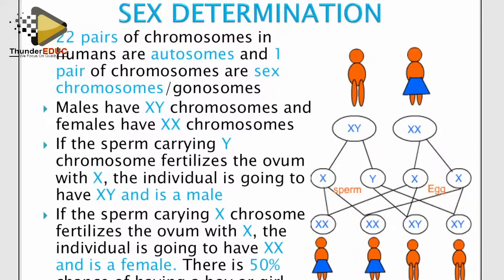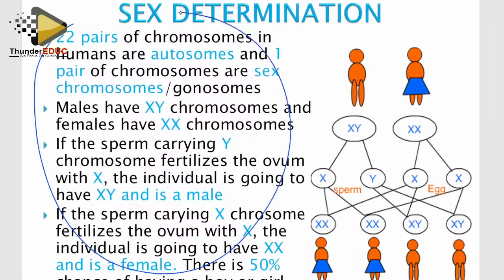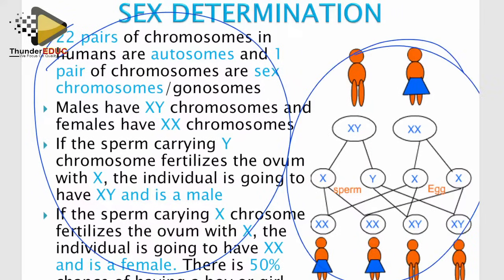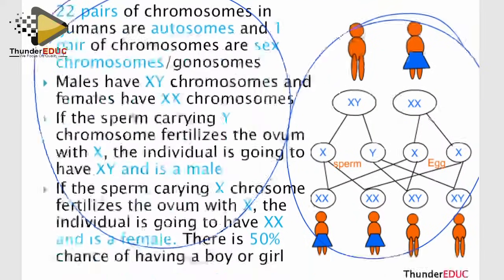We have 50% chance of having kids who are female and 50% chance of kids who are male. So that is sex determination. They can ask you to describe it in words or describe it in terms of genes or genetic cross.